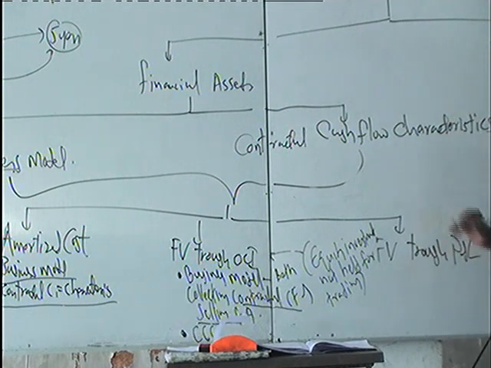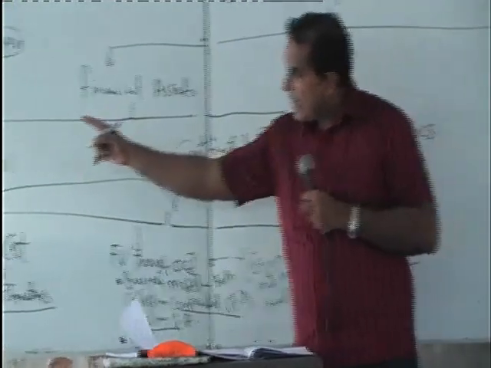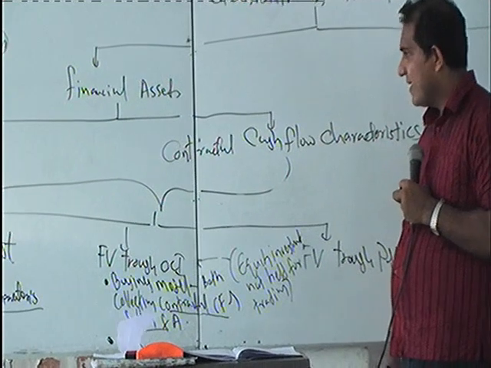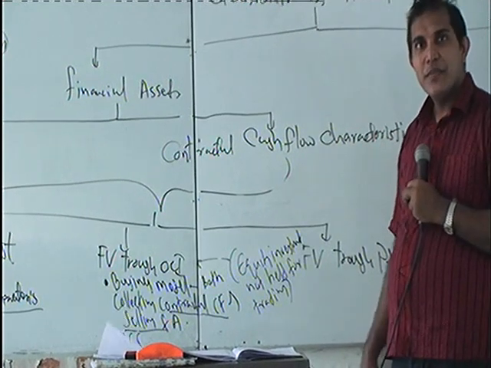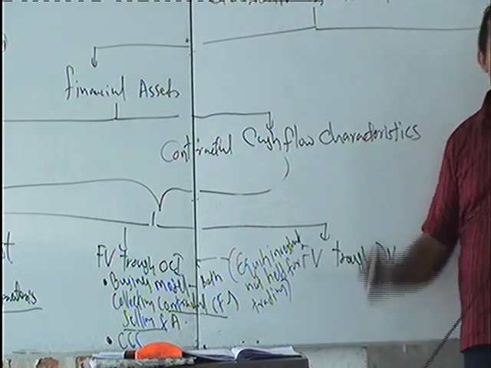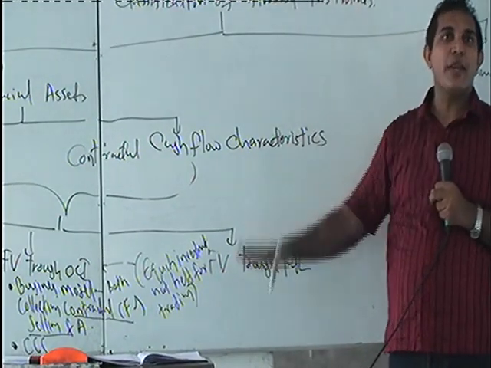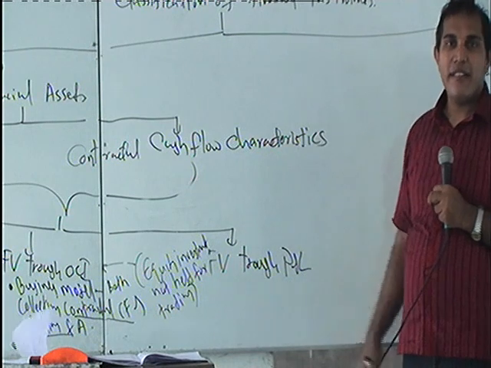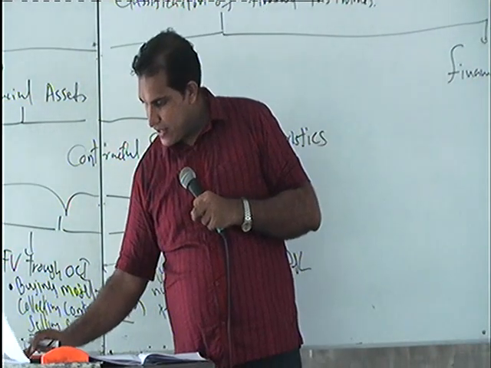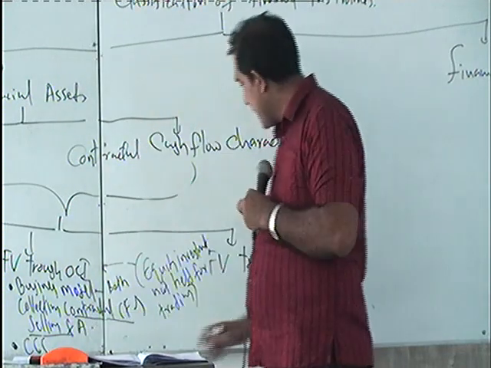Then what is fair value through P&L? Now we have discussed amortized cost and fair value through OCI. Then this is the balancing figure. Any other financial asset needs to be recorded at fair value through P&L. All other financial assets.